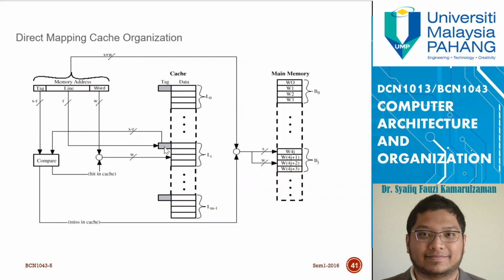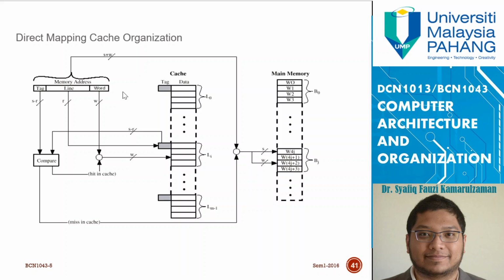If the tag of the requested memory address is inside the cache, the data word will be taken from the data inside the cache. The line represents which line inside the cache the memory data location is.